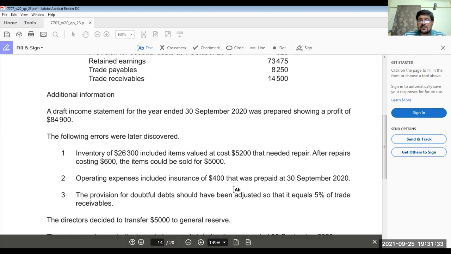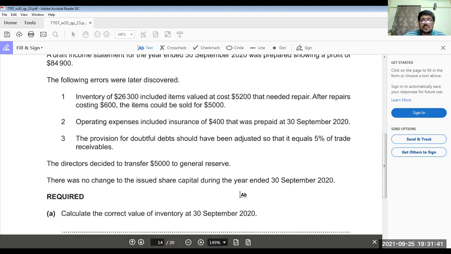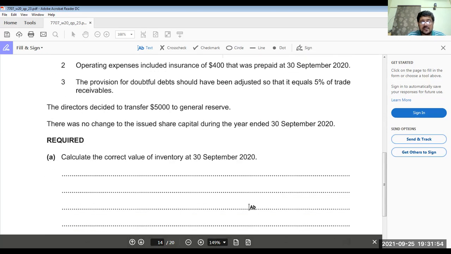Operating expense: prepaid insurance of 400 at 30th September 2020. The provision for doubtful debts should have been adjusted to equal 5% of trade receivables. The directors decided to transfer 5,000 to general reserve. There was no change to issued share capital during the year. Calculate the correct value of inventory at the start of the year. No, at the end of the year, sorry.